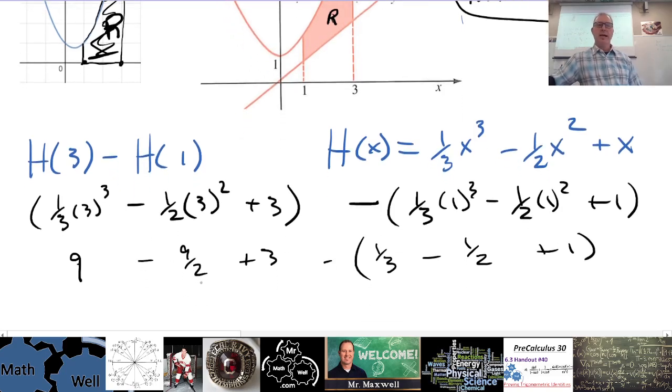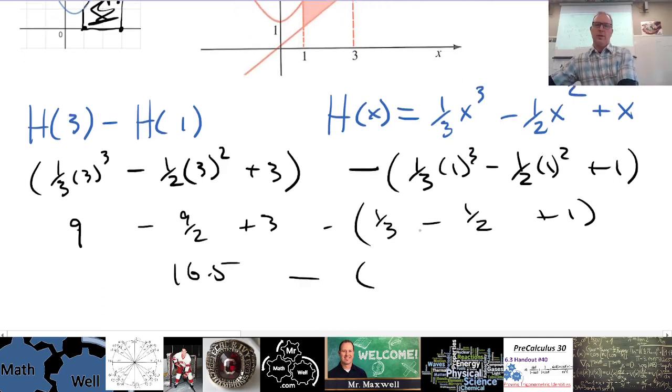So that's going to be 9 and 4.5, and that's 13.5, plus 3 is 16.5, minus, what's this, 1/3, okay. Probably should work in fractions here, but 1/3 minus 1/2 is 2/6 and 3/6. So it's negative 1 over 6 plus 6 over 6 is 5 over 6.